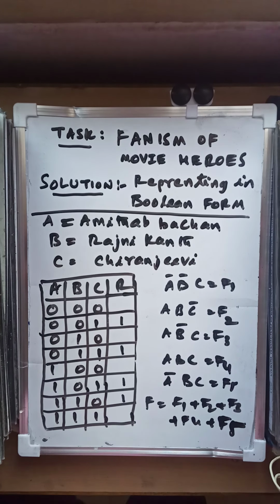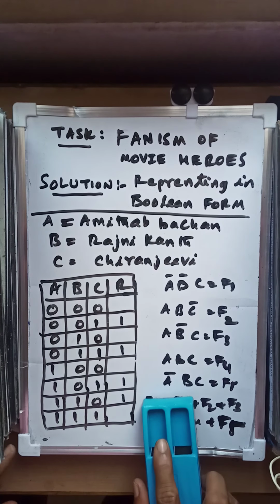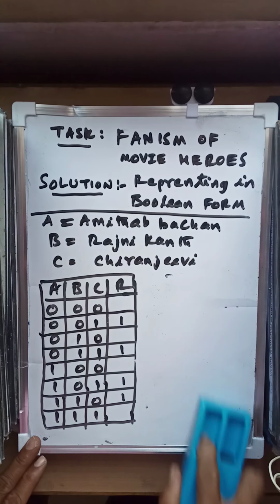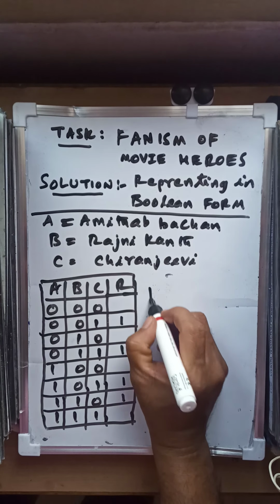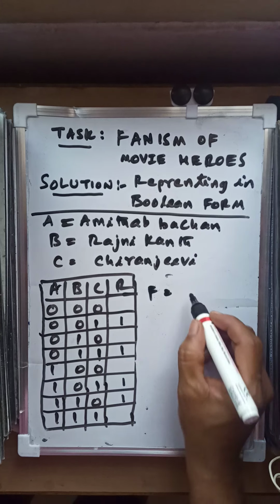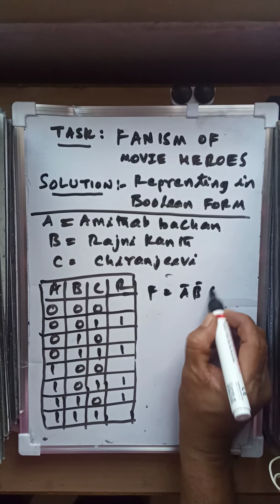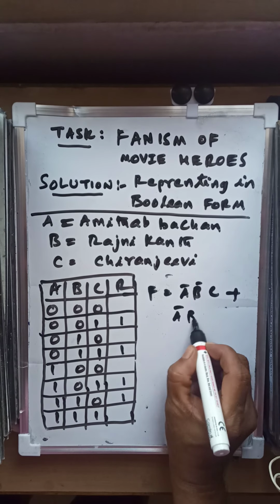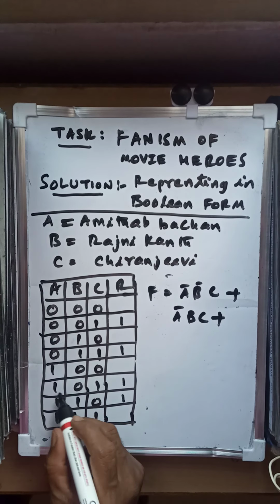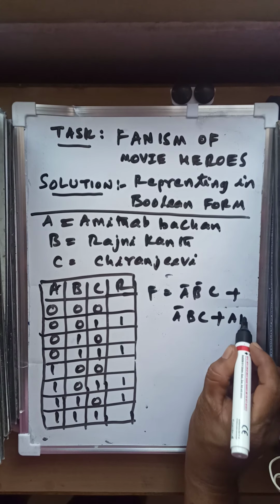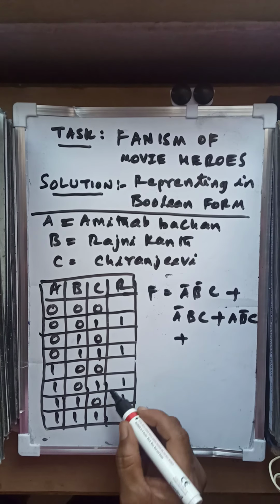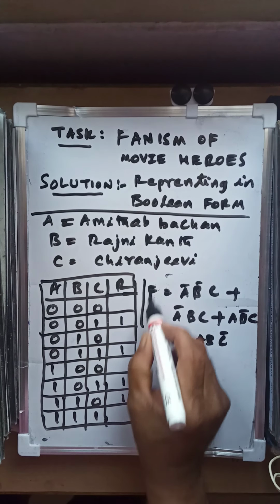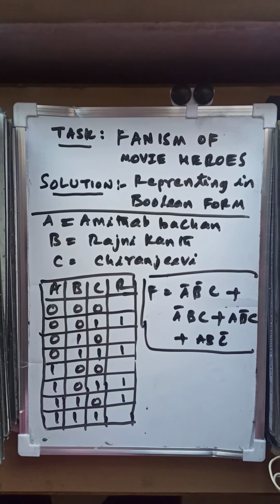This is the total function, which can be written in terms of the variables A, B, C. F equals A bar B bar C, plus A bar B C, plus A B bar C, plus A B C bar, plus A B C. So this is what is called the total task, the total function.